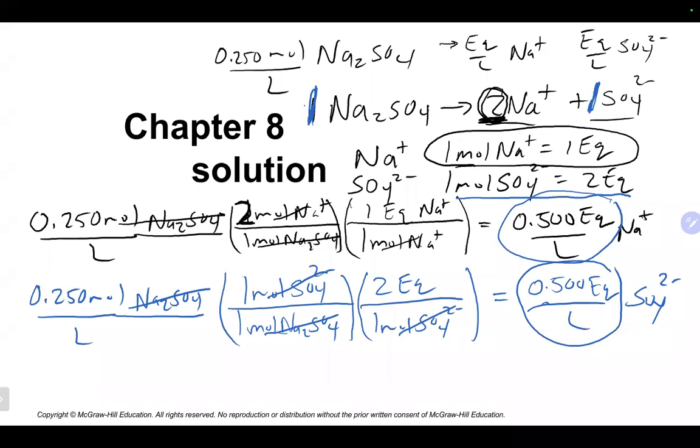That's basically always what you get in an ionic compound. And that's really the purpose of balancing out the charge when we write a formula for an ionic compound, so that when you make a solution like this, you have the same concentration of positive charge floating around as you do negative charge.